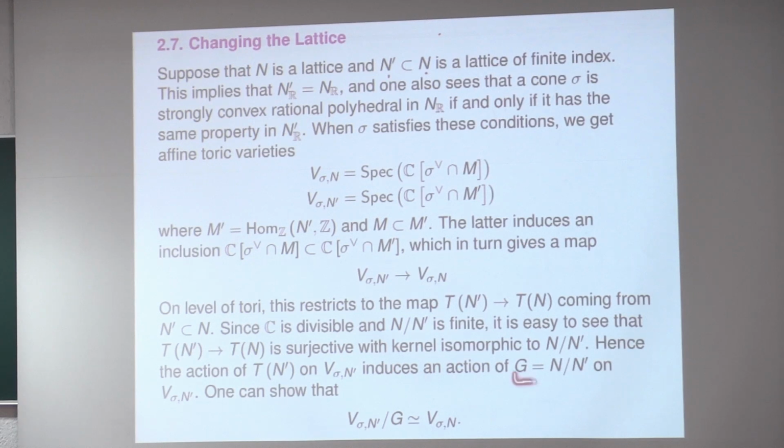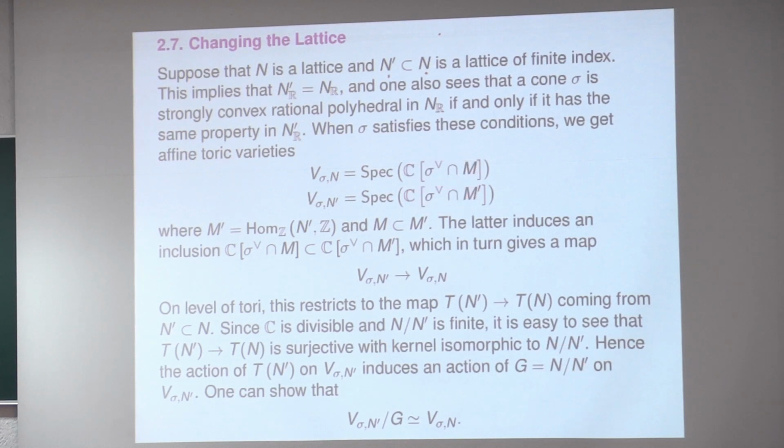This is a very concrete action. So the claim is that when you look at the action on this guy, the invariants are these ones. These are two concrete things. So we have the sigma presented in one and the other, and we have the action. The claim is that this is the subring of invariants for this action on this guy. That's what we need to check.